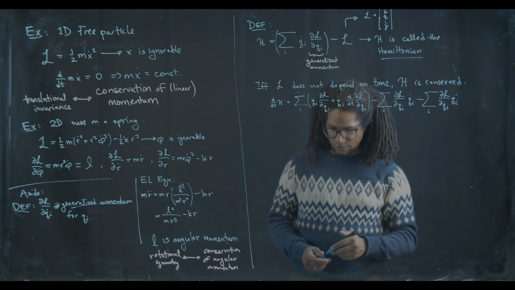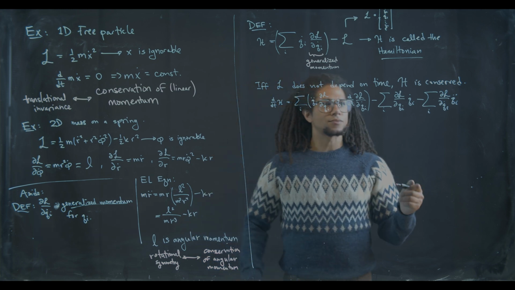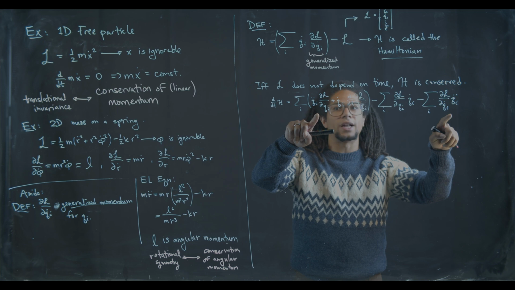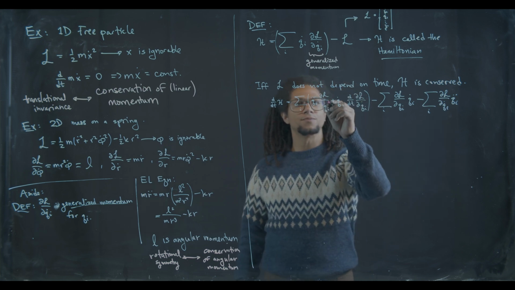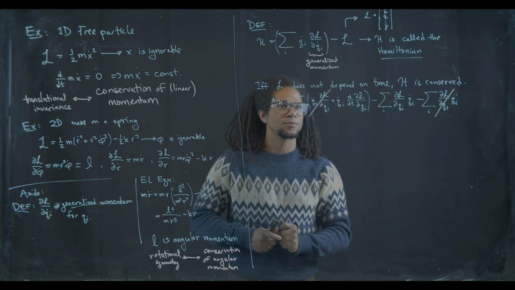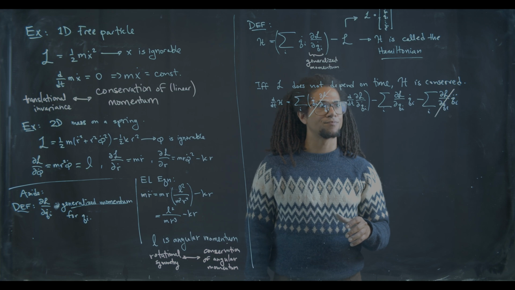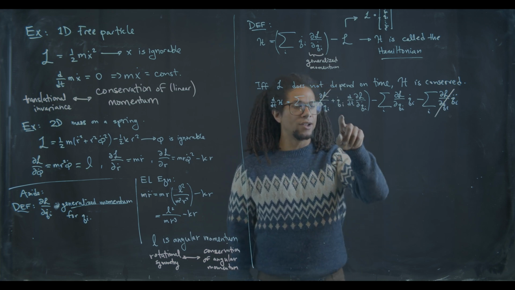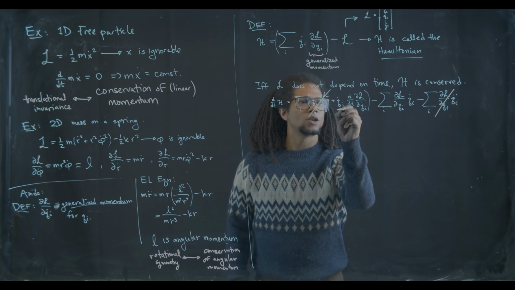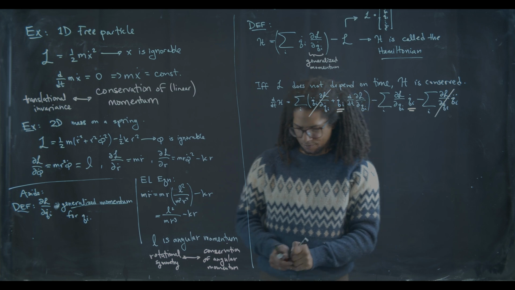All right. Next, I need to group my terms. So what I'm going to do is notice that my qi double dot terms cancel. So that and that cancel. Notice that this one has a positive sign, that one has a minus sign, but otherwise they're the same. Then I'll notice that both of my remaining terms share this factor qi dot in common.